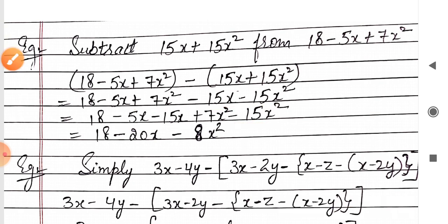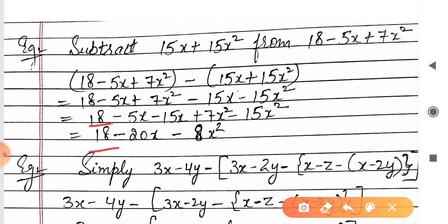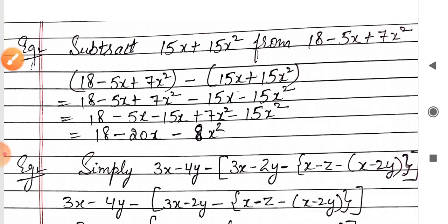Now subtract them. 18 will be written as it is because there is no other constant. Then minus 5x minus 15x. Minus 5 minus 15 is minus 20. So we will write here minus 20x. Then plus 7x square minus 15x square.